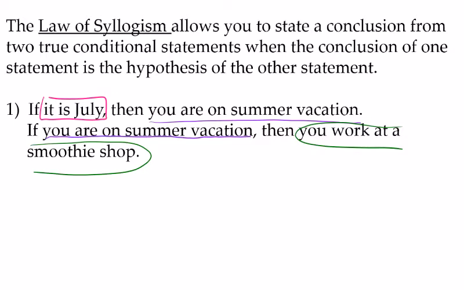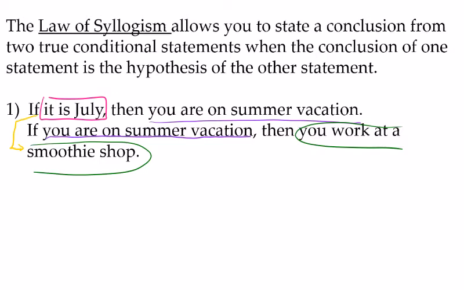So if both of those conditional statements are true, if it's July, then that'll mean you're on summer vacation. If you're on summer vacation, then you work at a smoothie shop. So we can go straight from the hypothesis of one to the conclusion of the other, right? We can go straight to say, well, if it's July, then you work at a smoothie shop.